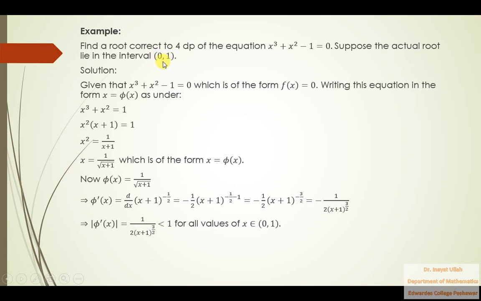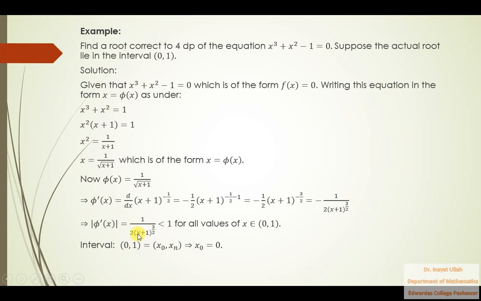For example, 0.1 lies between 0 and 1, 0.2 as well, 0.3 as well. So whenever we put any value between 0 and 1 right here, and replace x by for example 0.1, and calculate this fraction, the answer of this fraction will always be less than 1.